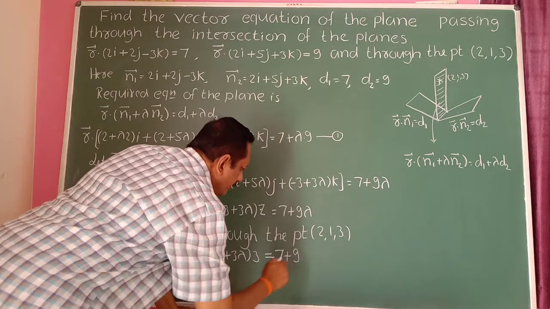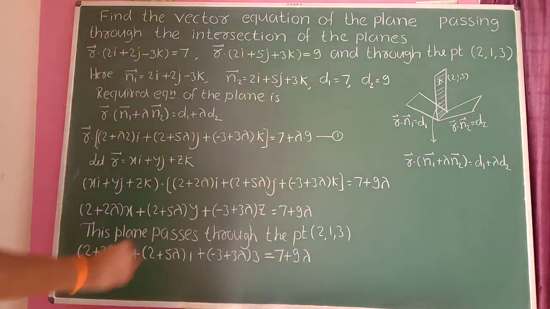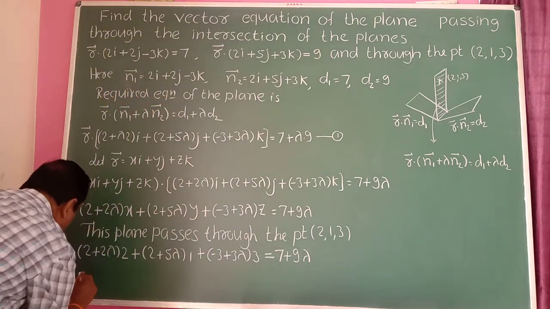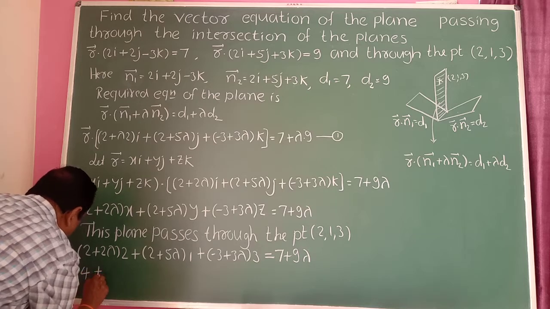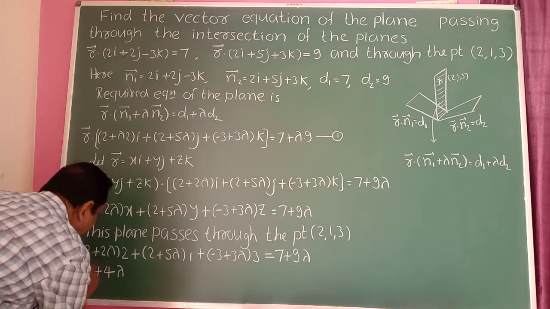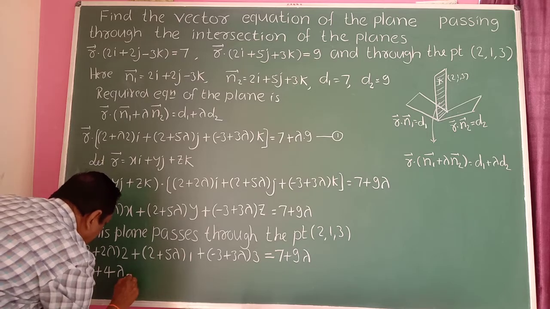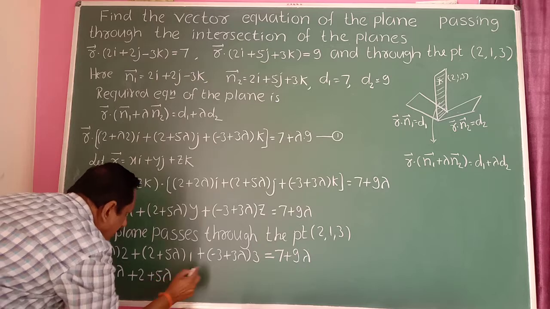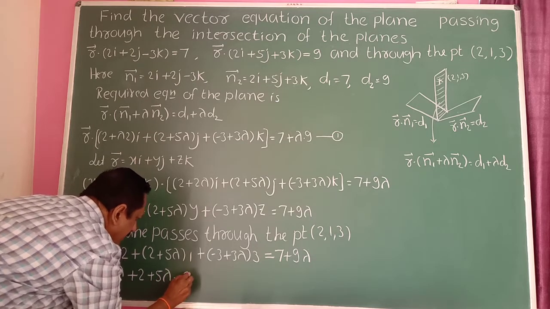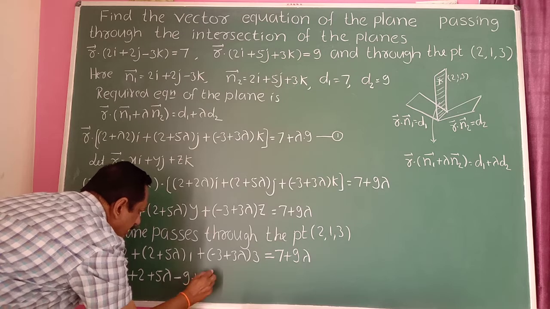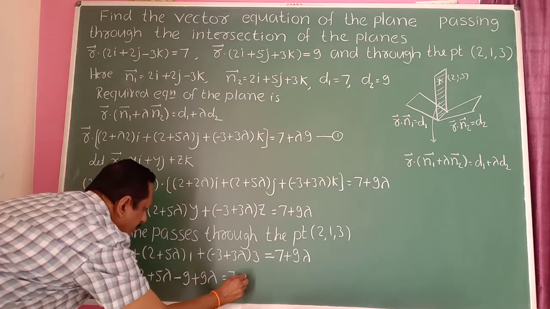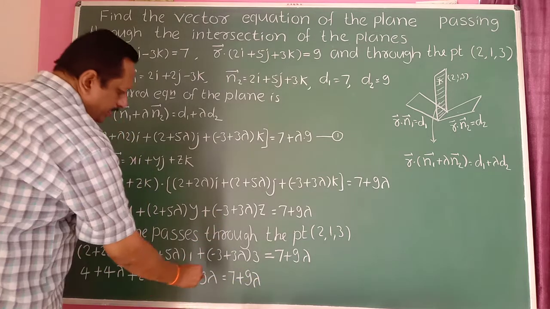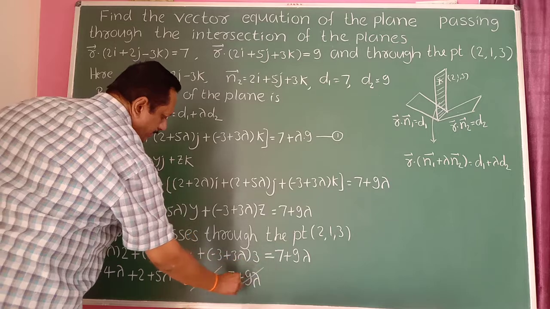Taking 2, 1 and 3 inside the brackets: 2 into 2 becomes 4, so 4 + 4 lambda, then 2 + 5 lambda, then 3 threes are 9, so minus 9 + 9 lambda, is equal to 7 + 9 lambda. Then this 9 lambda and this 9 lambda cancel.